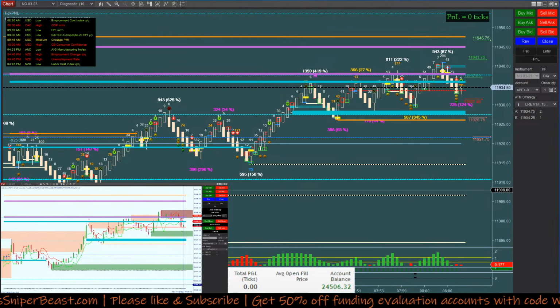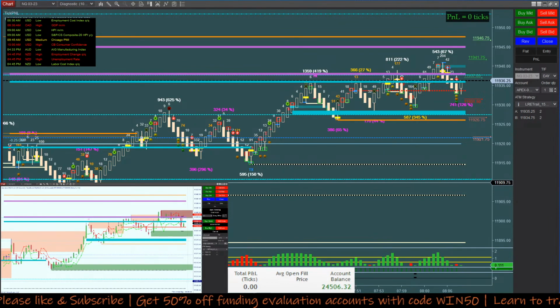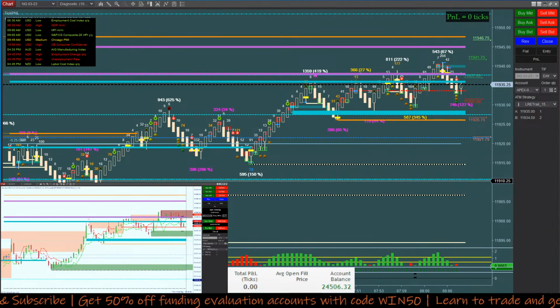See what it does with these double clusters here on the 30 tick. Kind of bouncing around between them.